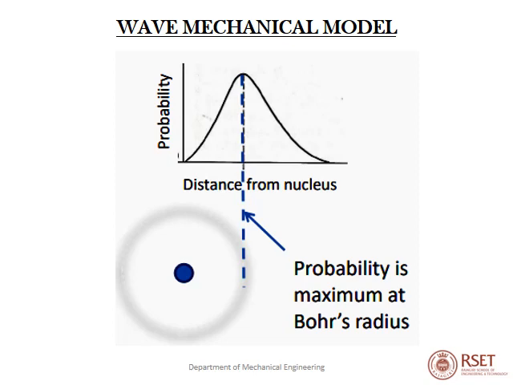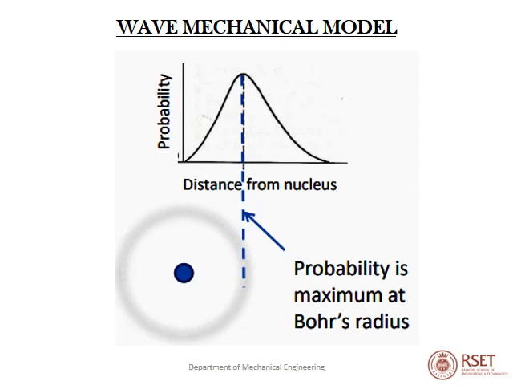If you look at the graph, it shows probability against distance from the nucleus. If the distance from the nucleus is 0, the probability is 0. Then as the distance from the nucleus increases gradually, the probability rises, and it is maximum at the Bohr radius.